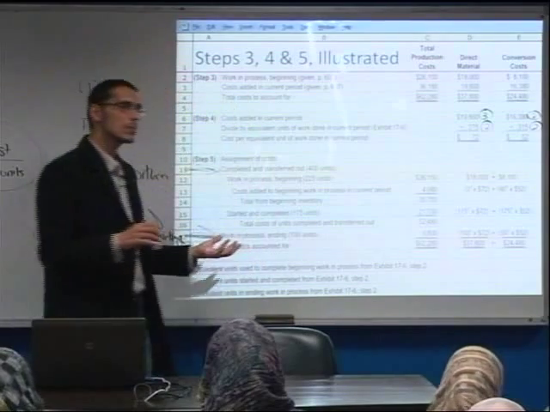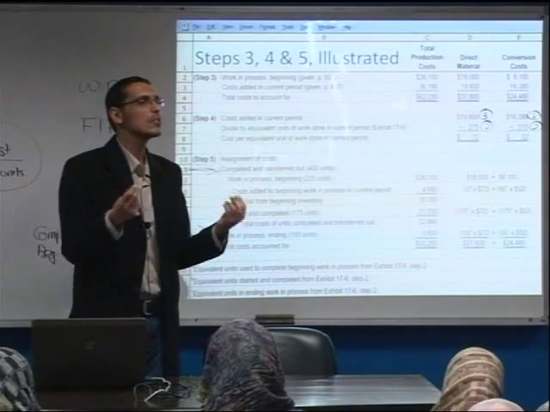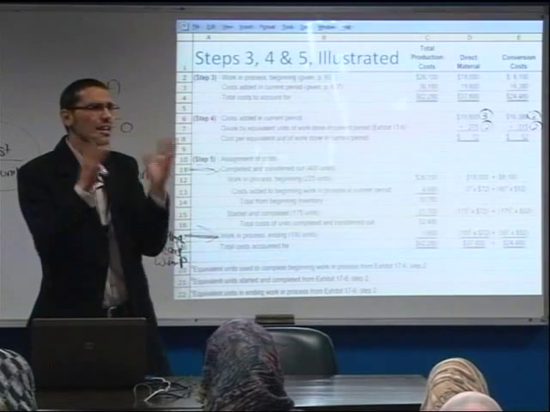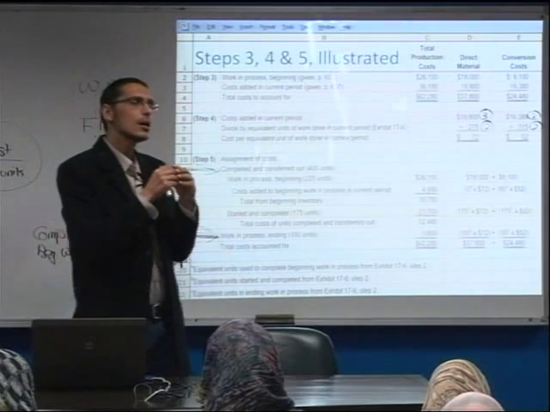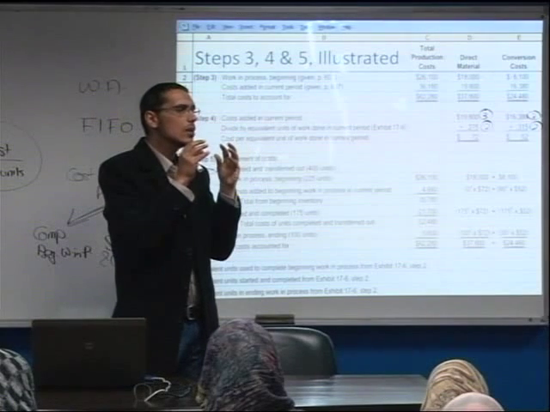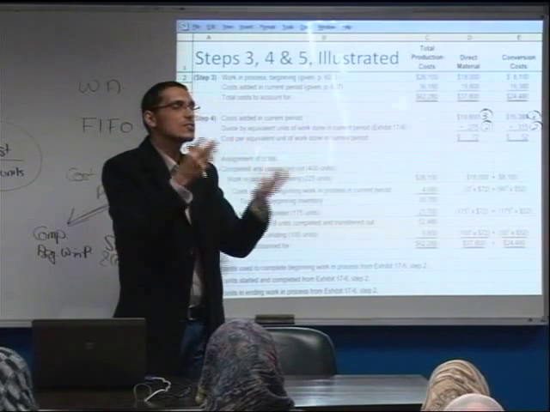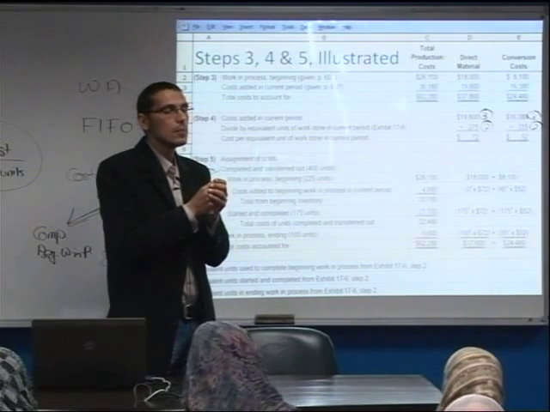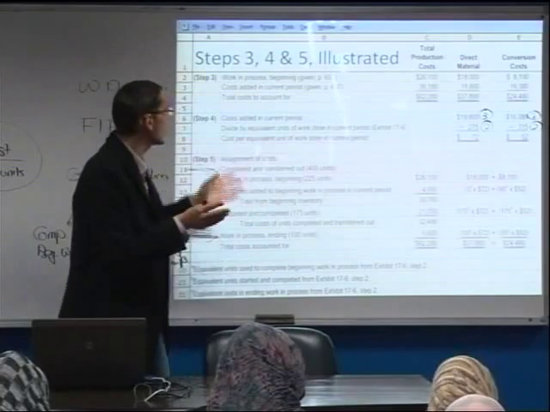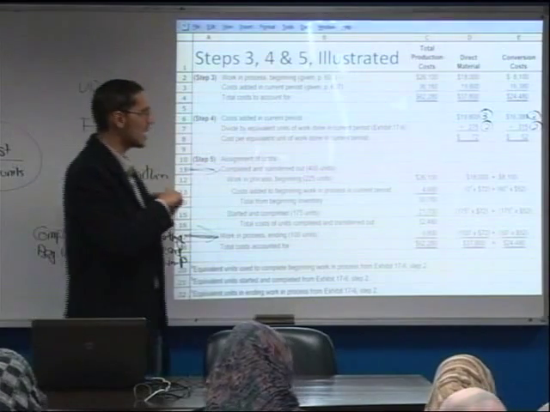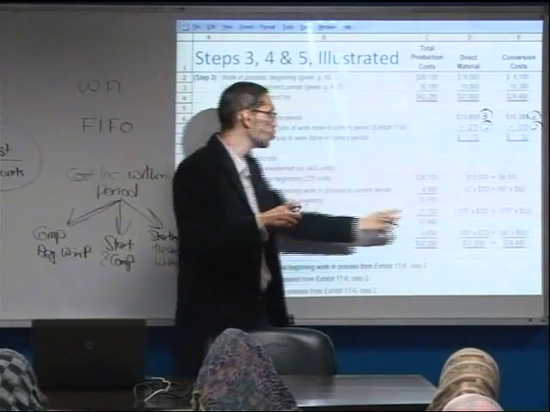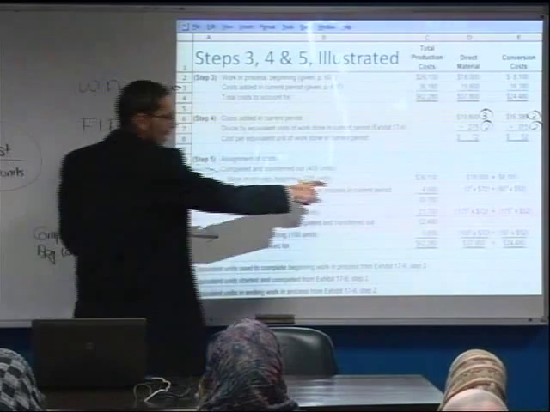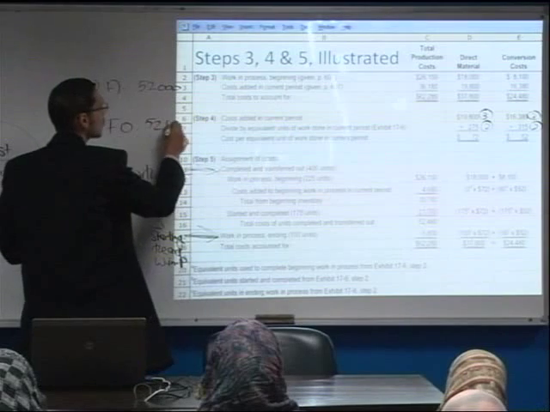Of course, the journal entries would be the same as the journal entries that we took according to case number 2. The only change would be according to the completed and transferred out units. The last entry, because as we can see here, the weighted average gave us an amount of 52,000, while the FIFO gave us an amount of 52,480.